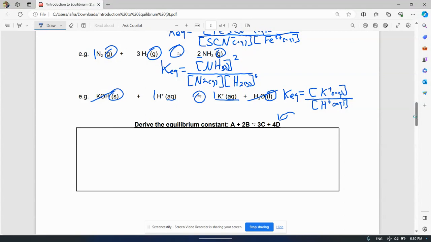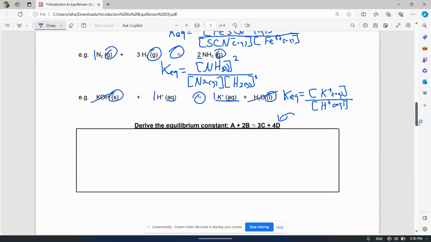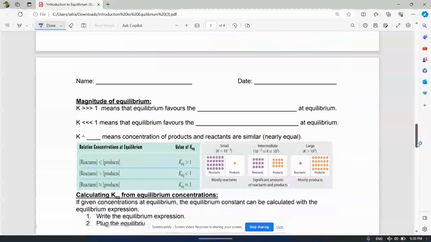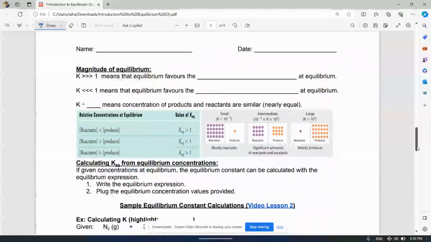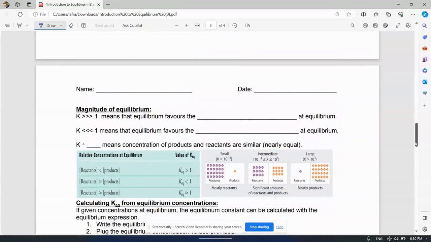Before we jump to that, though, I recommend we go to the magnitude of equilibrium first. So there will be a point where you're going to be calculating the K value. You'll be making a K equilibrium expression, and you'll plug in some numbers given to you. And for certain values of K, that'll tell you something about the equilibrium.